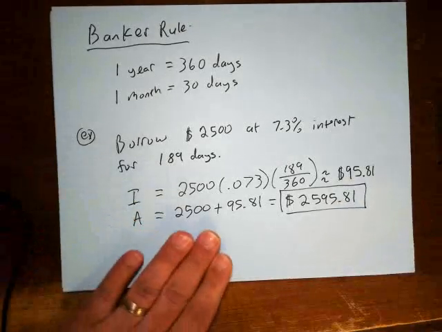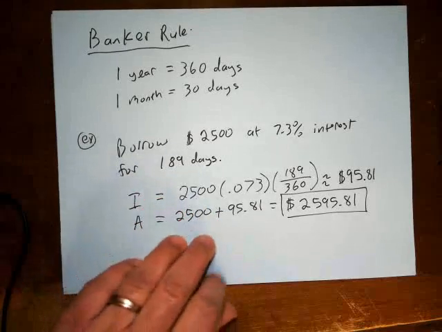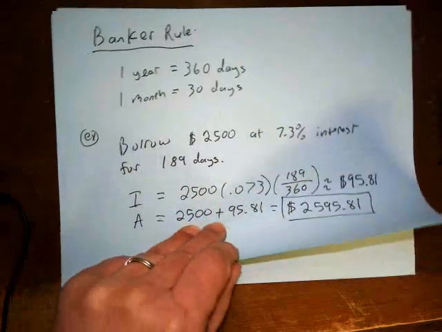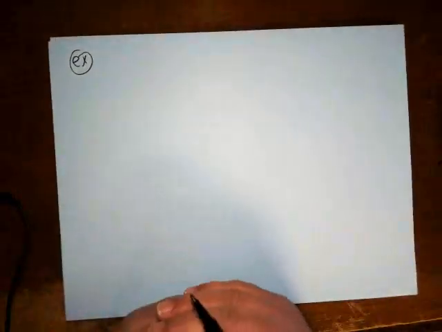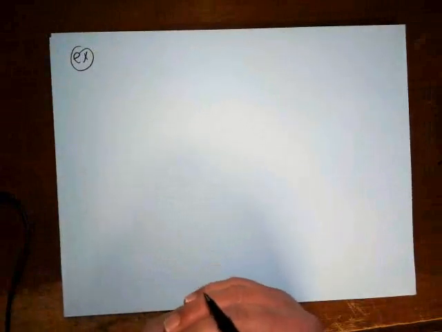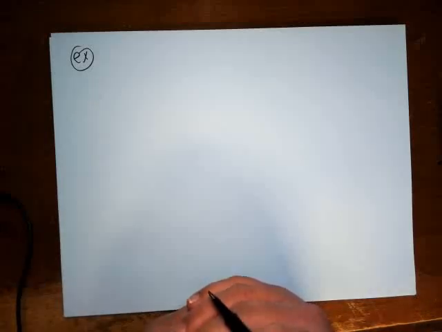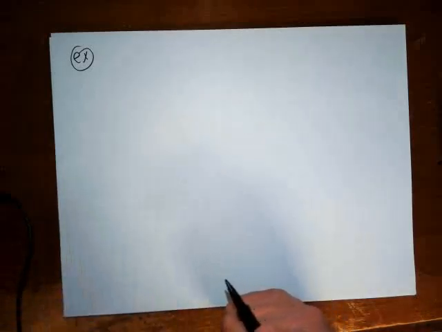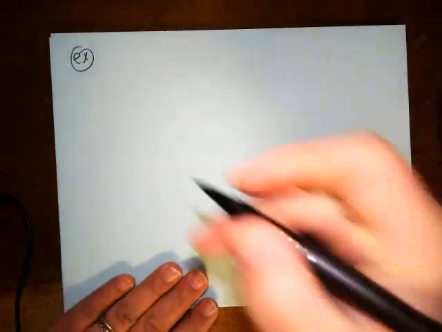Now let's do a few more of these, but let's do some where the interest rate is not annual interest. Okay. So a common example where this is actually used is your credit card will oftentimes use a daily interest rate, and the reason for that is because it has to keep an average daily balance going each day, because you're always adding to your card, and so oftentimes they're going to use a daily interest rate.